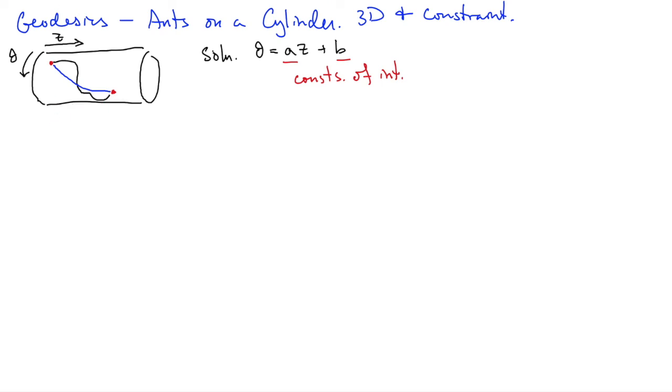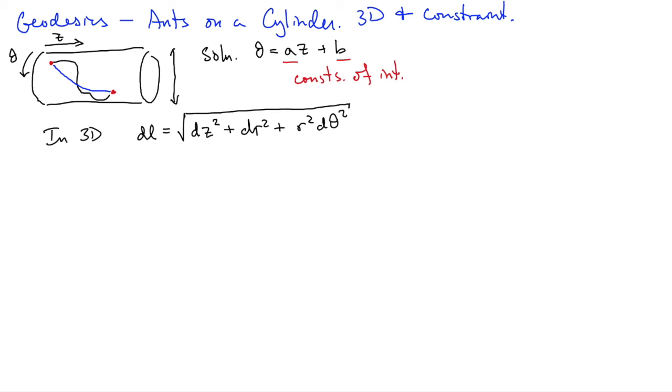Okay, but in 3D, what does this look like? Well, in 3D, we're going to use polar cylindrical coordinates. And in 3D, length is dz squared plus dr squared plus r squared d theta squared. Okay, so we said before that this was 2R in diameter.